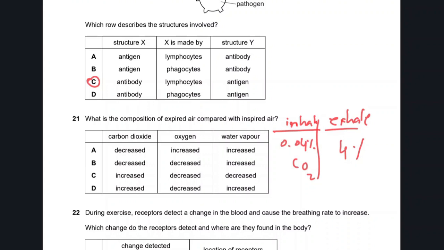So the CO2 level increases and oxygen decreases because oxygen here is 20% and here it is 16%. The water vapor varies, and in expired air the water vapor is always more. So the carbon dioxide increases, oxygen decreases, and water vapor increases. So D is the right answer.